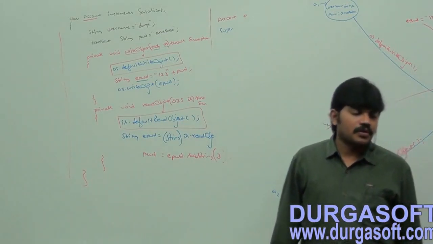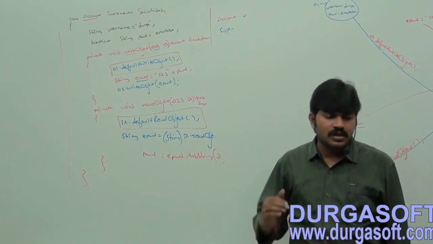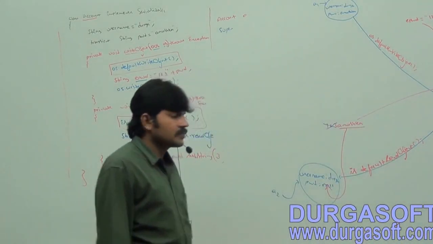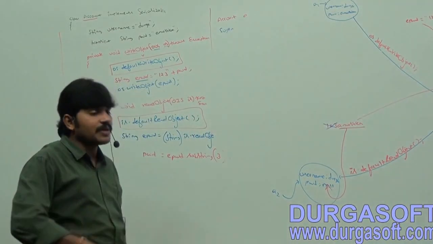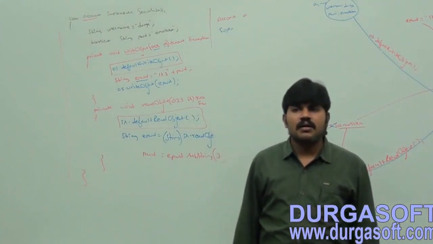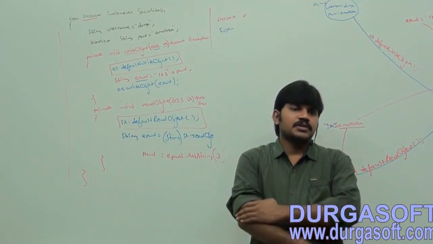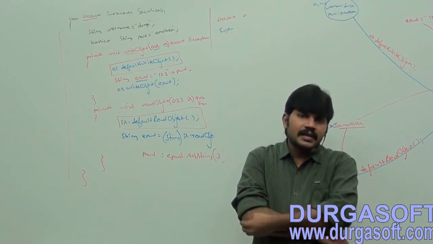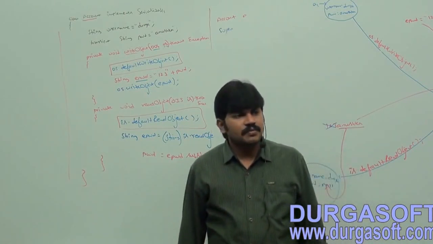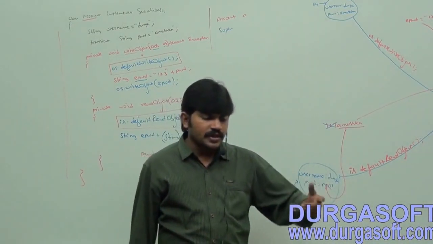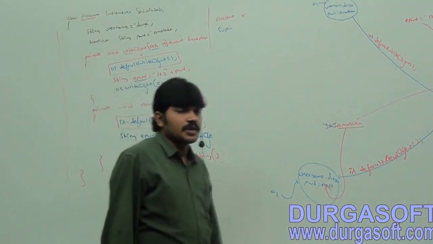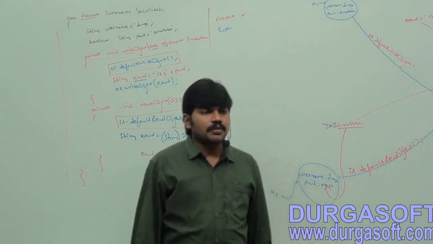But JVM can call private methods directly from outside of the class. That's all.